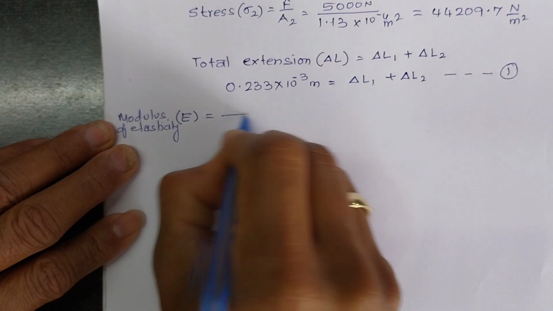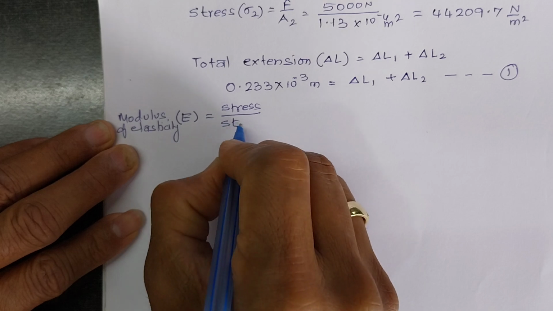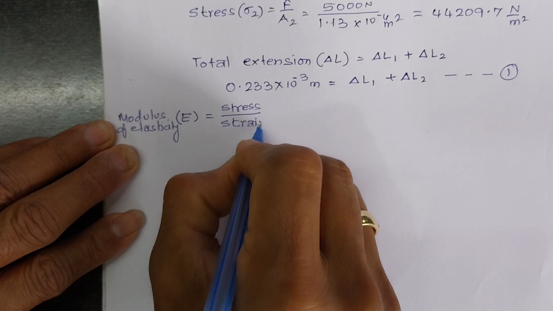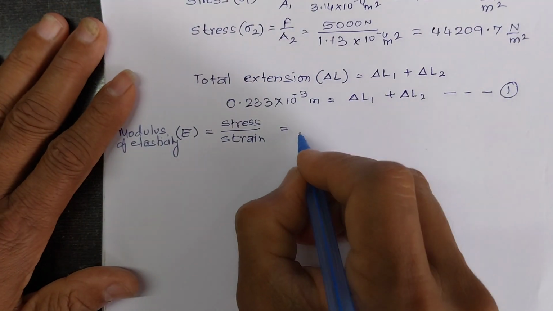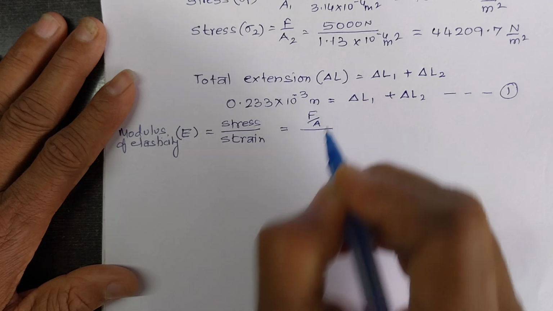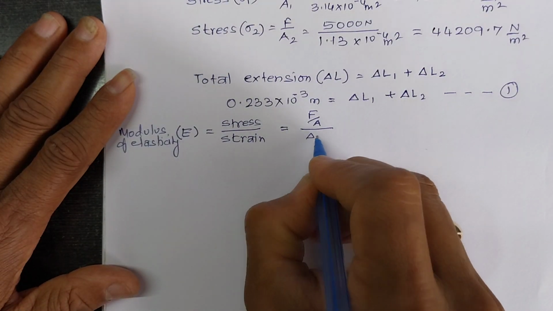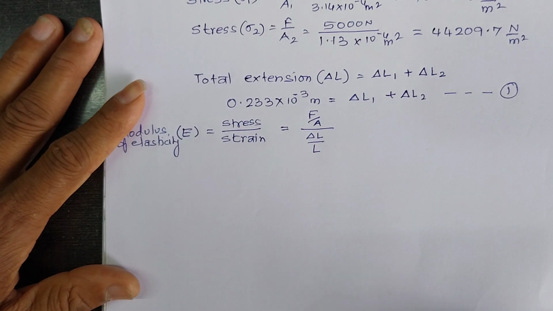is given by stress upon strain. Now this stress can be written as force divided by area, and the strain is delta L upon L, the change in length for the given length.